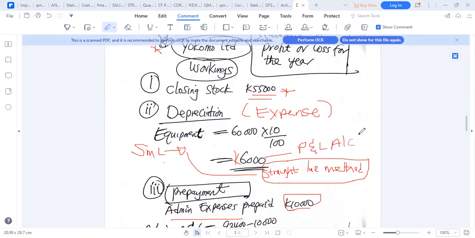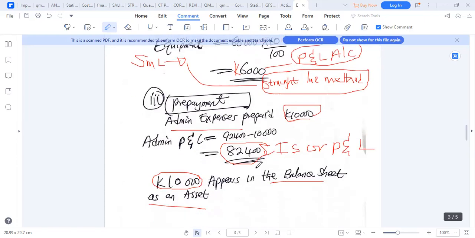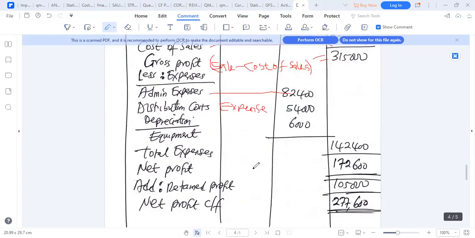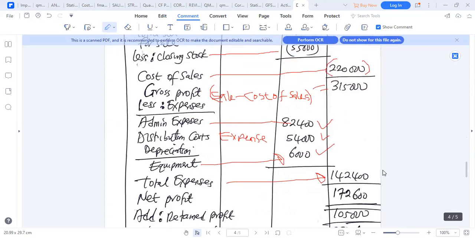So depreciation on equipment was 6,000. The sum of this one and this one gives us total expenses of 142,400. Now, you subtract 142,400, and we get the net profit of 172,600.